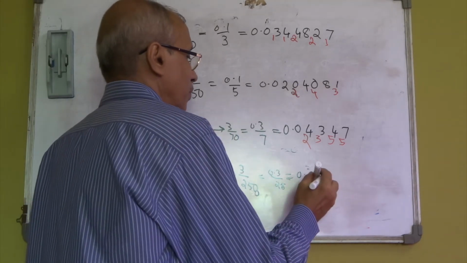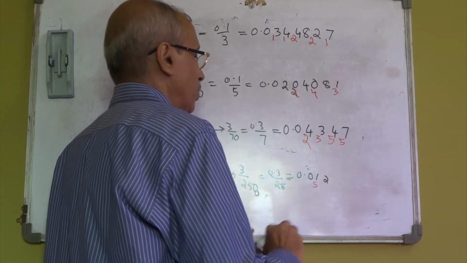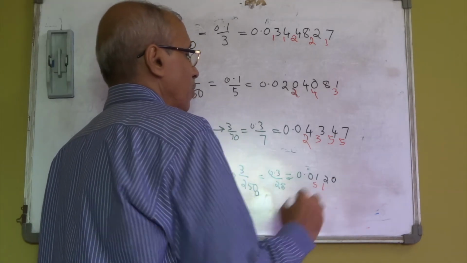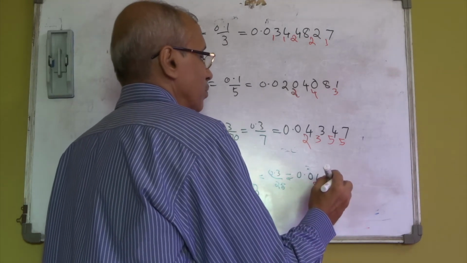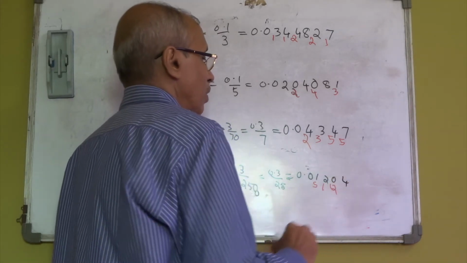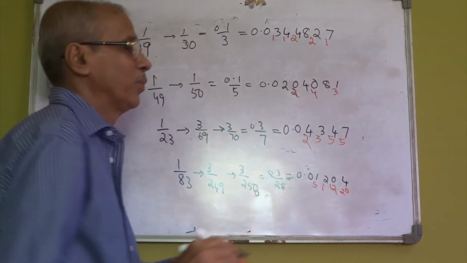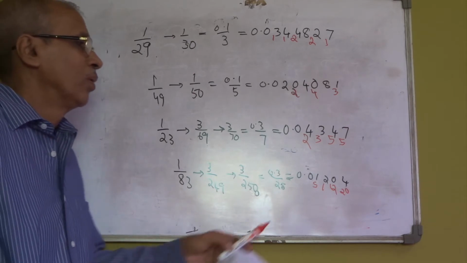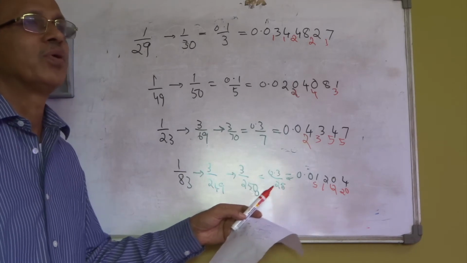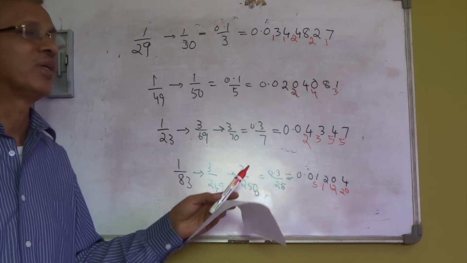Remainder 5. 51 by 25 is 2. Remainder 1. 12 by 25 is 0. Remainder 12. 120 by 25 is 4. Remainder 20. Like this it will continue. So you get an answer which is exactly equal to the value of 1 by 83. Only thing is you have to make a little adjustment.